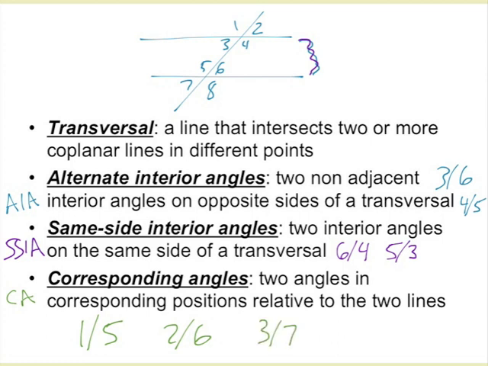Or 3 and 7 would be lower lefts. Or 4 and 8 would be lower rights. So we're looking for a pair of angles that's in the same corner position. Questions on how to locate any of these special angle pairs?